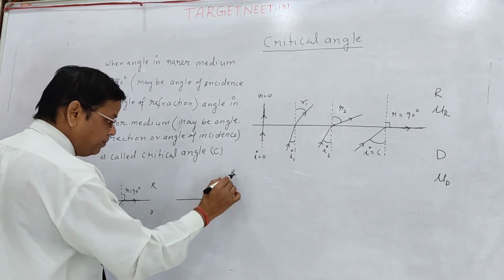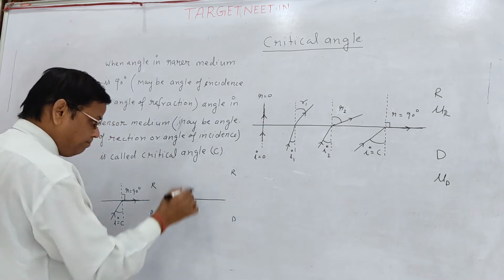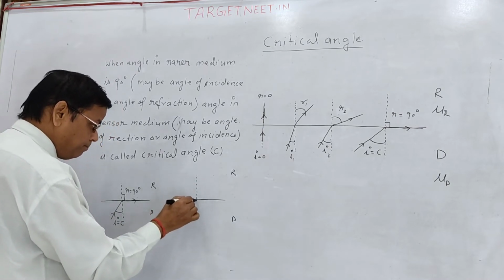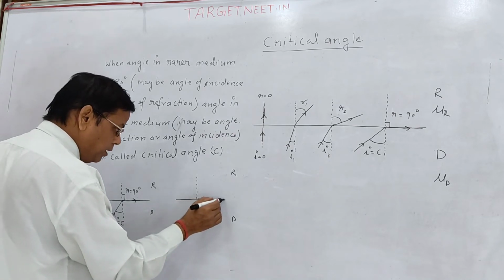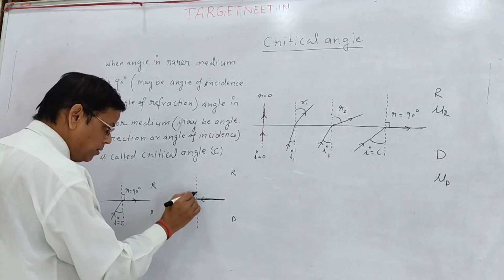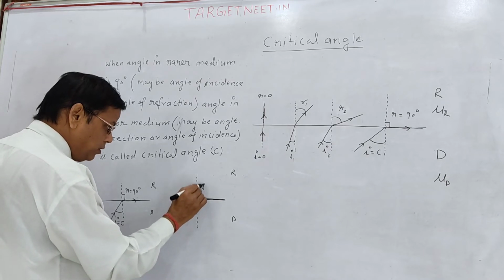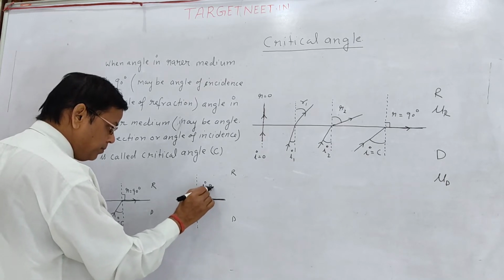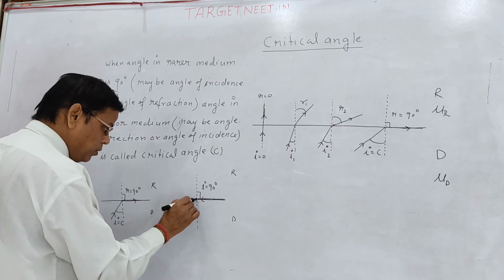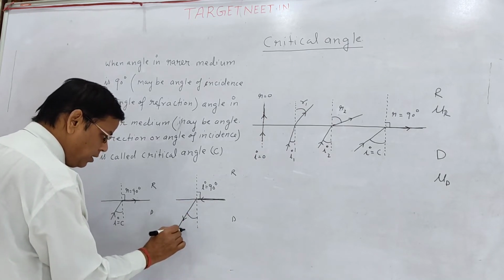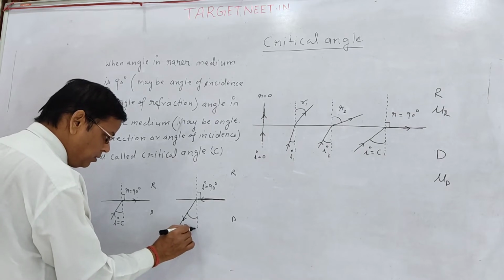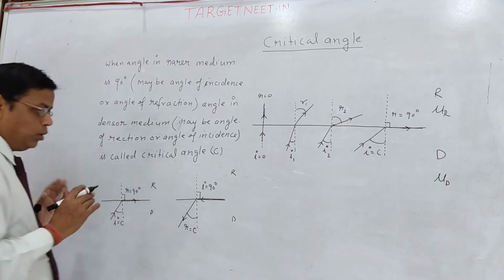This is rarer medium, this is denser medium, this is the incident ray. So here the angle of incidence is 90 degree, this is the refracted ray, this is the angle of refraction, and this is critical angle, equal to critical angle.